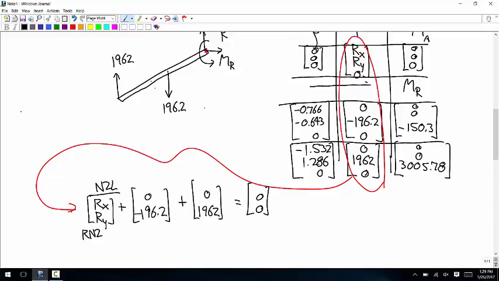And then the moment equation, now I'm only going to use the z components. So actually this one, let me rewrite that Mr as 0, 0, Mr, since I wrote everything else as vectors.